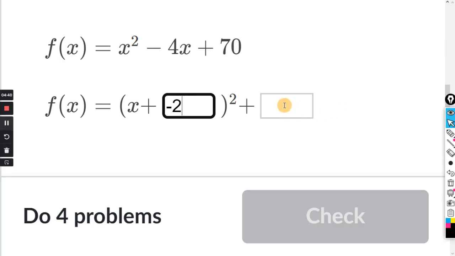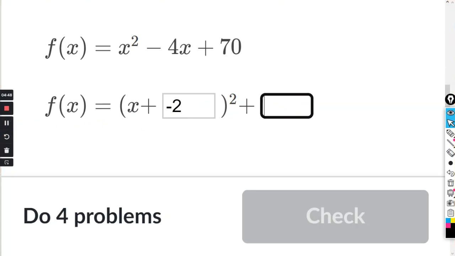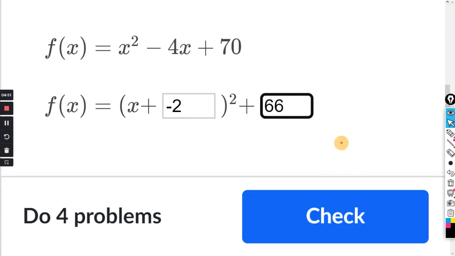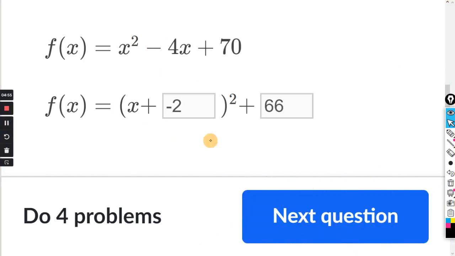And then over here, we had 70 minus 4, that was 66. So you can't write x minus 2, you have to write x plus -2.